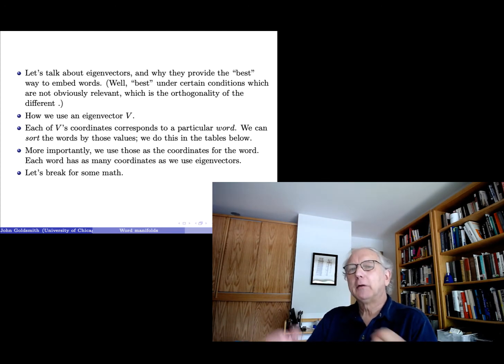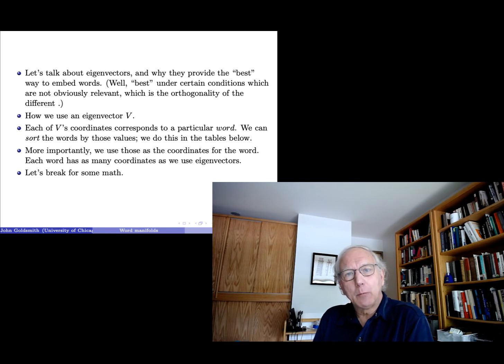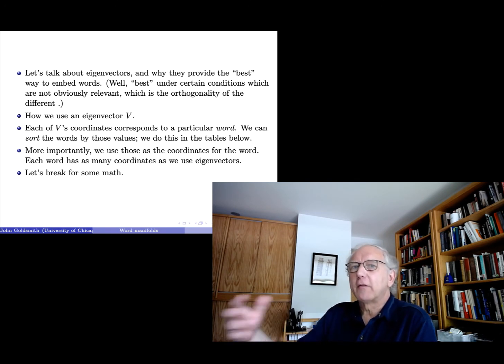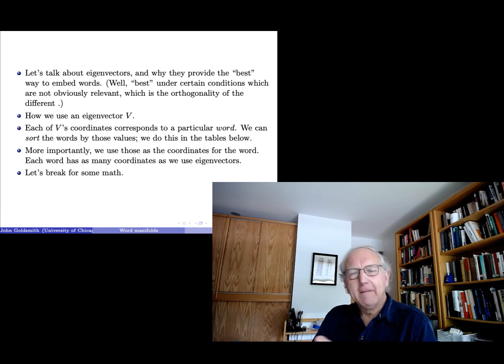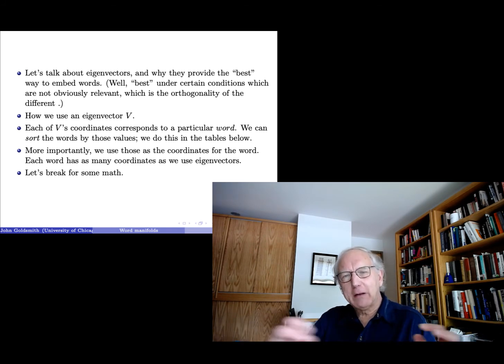So when we pull out a vector, in particular an eigenvector, each of that eigenvector's coordinates is a number that can be assigned to that particular word, the word the or back or whatever, okay? So an eigenvector is a sequence of numbers, and each number is labeled by a word.